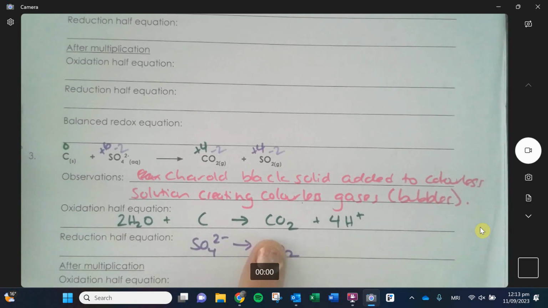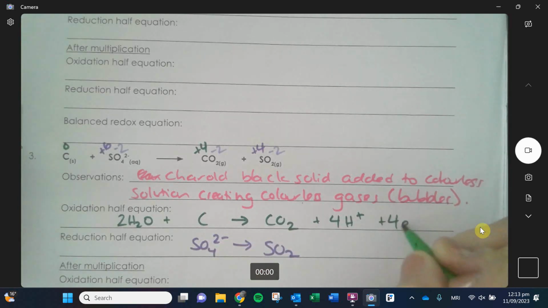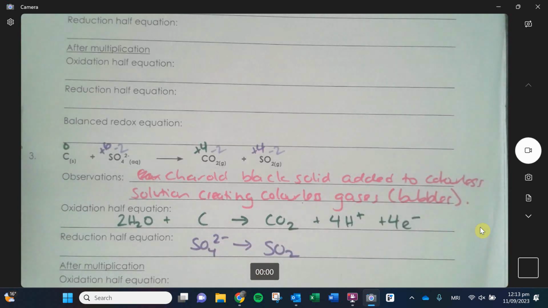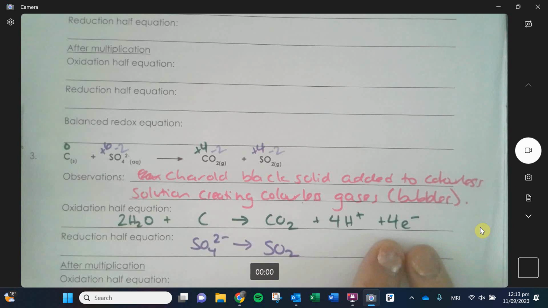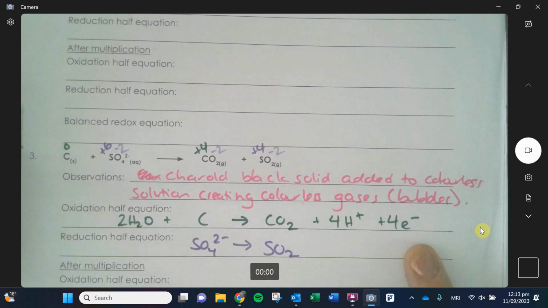So I need to take that +4 and bring it down to 0. So I'm adding 4 electrons to do that. And that matches what we said with the oxidation numbers, right? The oxidation number has increased by 4, so I should have lost 4 electrons. All these numbers should double check each other. So that's that equation.